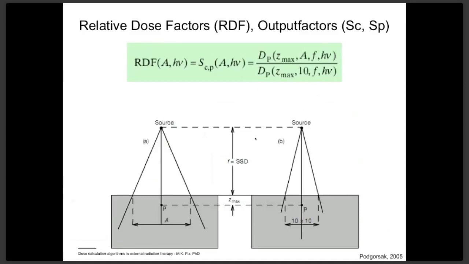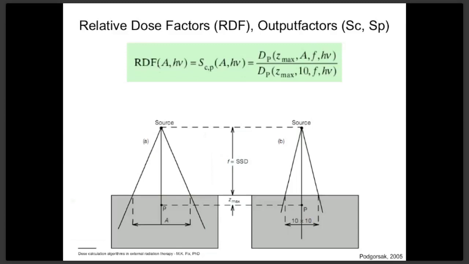This leads to another relevant quantity, which I think most of you are aware of. This is called the relative dose factor, RDF, or in Kahn's notation, the output factors. Those are dependent on collimator scatter as well as phantom scatter.